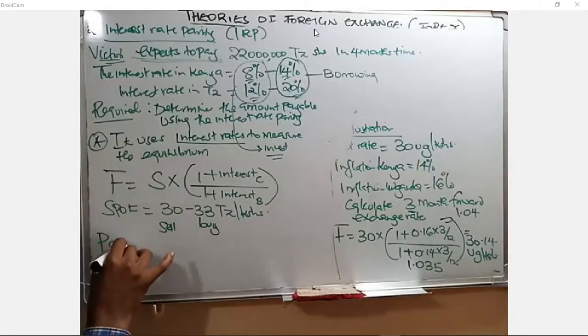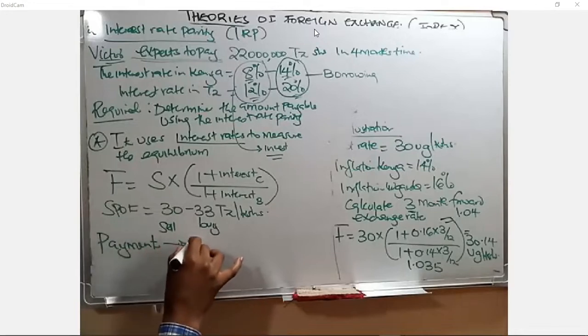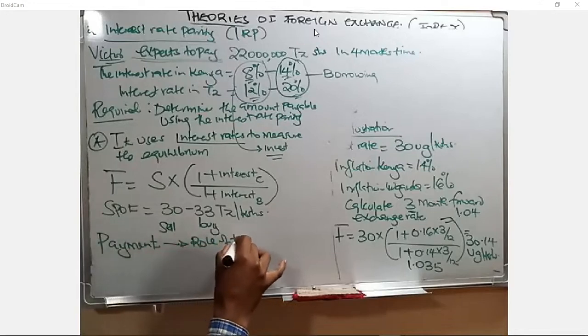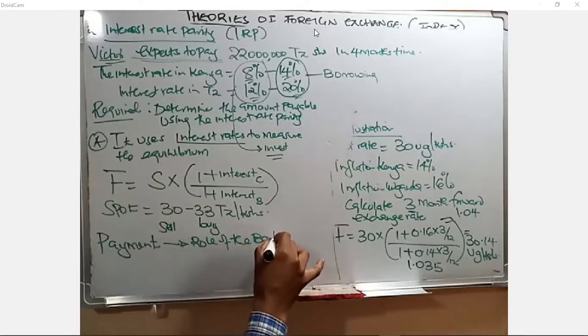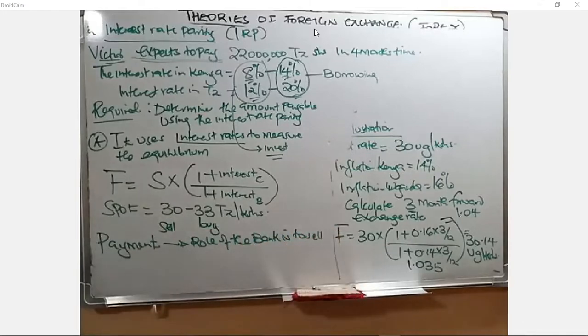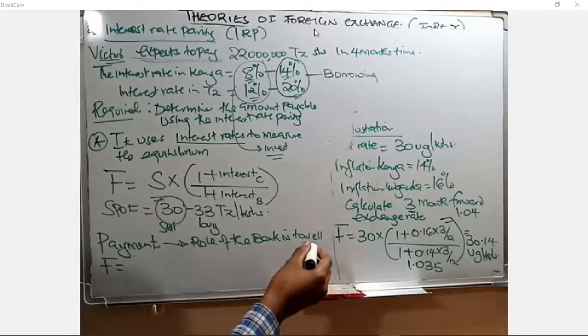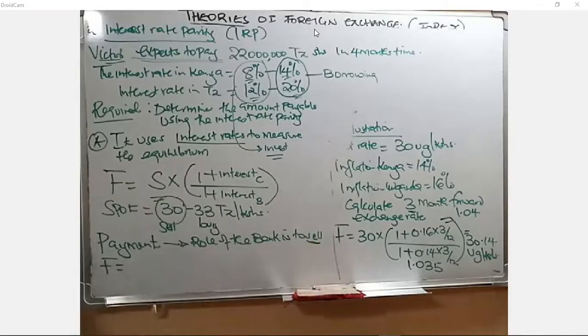So the role of the bank is to sell. In this case, it's very simple, since I just want to calculate my forward exchange rate. The spot rate now, we use 30, because we are dealing with the payments, we are going to be selling. So I say my spot rate is 30.